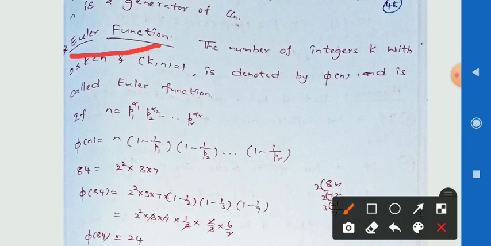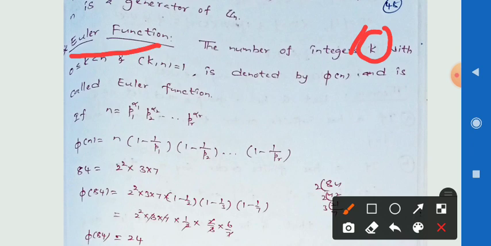Here, last class we discussed k be the generator. If any given group, the number of generators is taken as k.